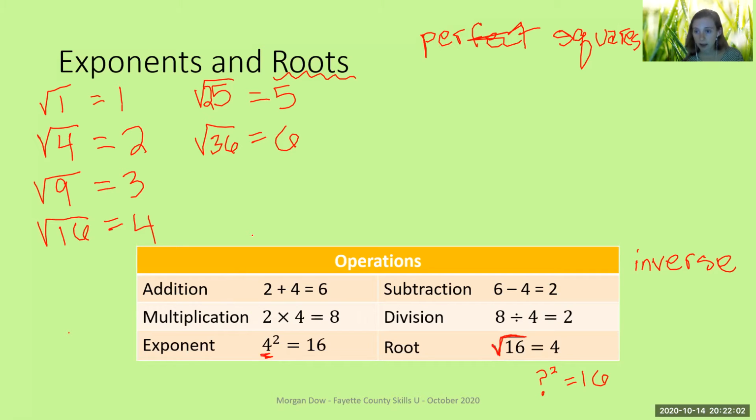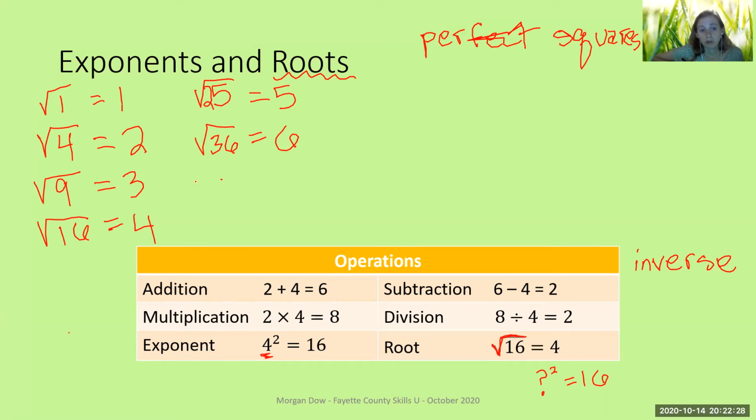If you know that 5 times 5 is 25, you should be able to figure out that the square root of 25 is 5. So perfect squares are things that could show up on the non-calculator portion of the GED test. Again, they really just depend on your knowledge of your times tables.